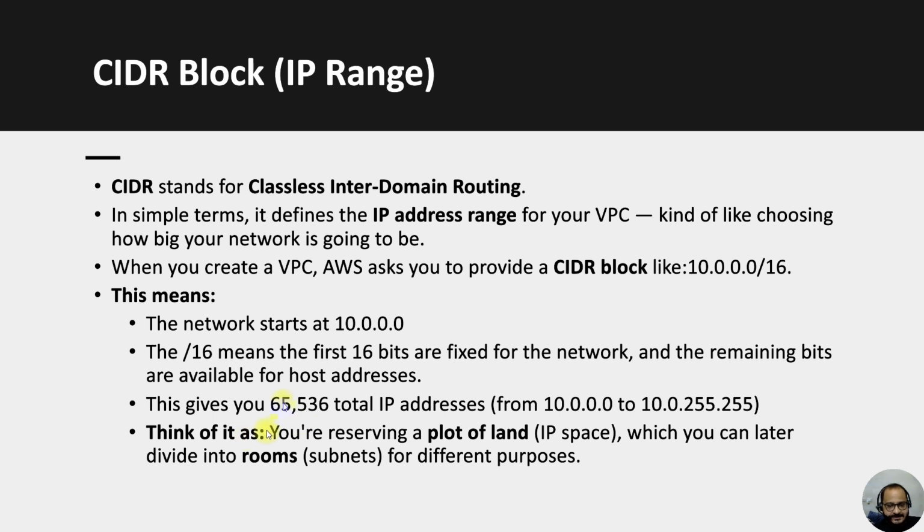Think of it as reserving a plot of land, meaning you are reserving an IP address range which you can later divide into rooms, which means subnets. So we have reserved this particular range 10.0.0.0/16.